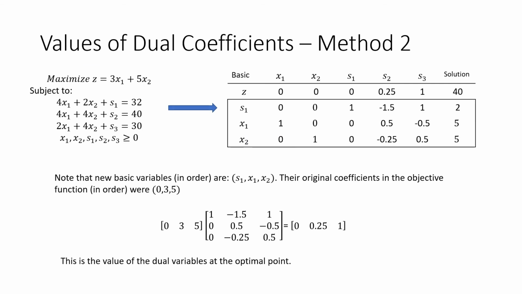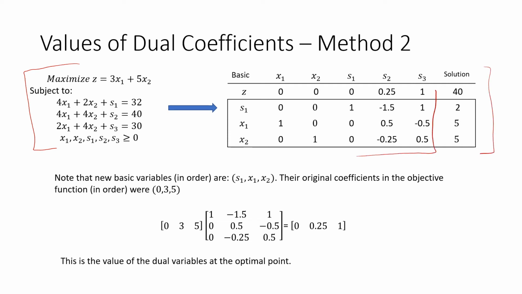Second method for the values of the dual coefficients, and this is using that inverse matrix that I talked about. This was our original linear program. We solved it out. We put it in the tableau. We solved the tableau. We ended up with this as our optimal tableau.